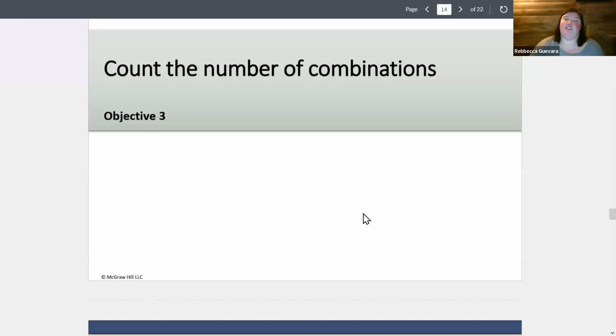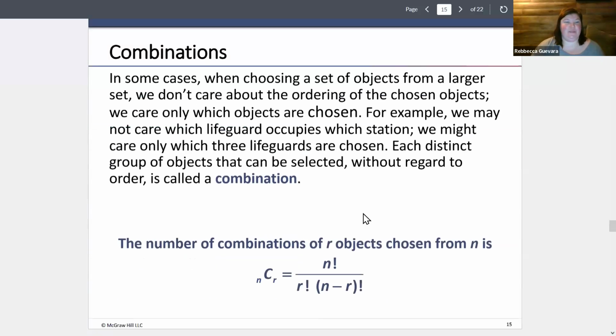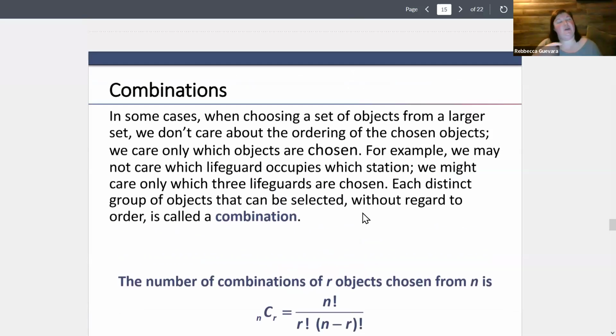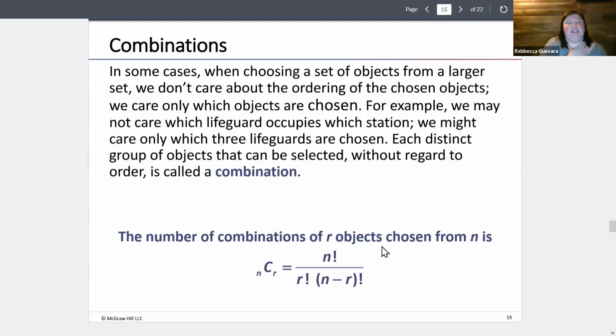So moving on to combinations. In combinations, order is not going to matter for us. In some cases, when choosing a set of objects from a larger set, we don't care about the order of the chosen objects. We only care which objects were chosen.